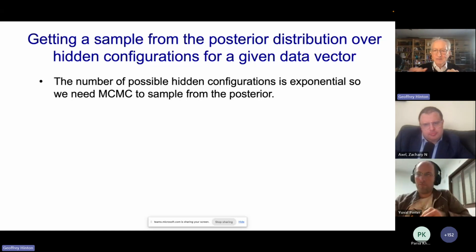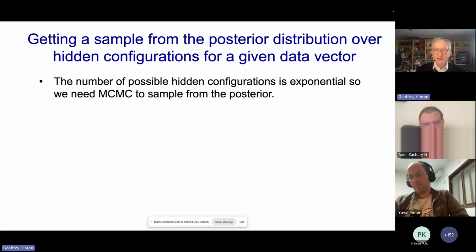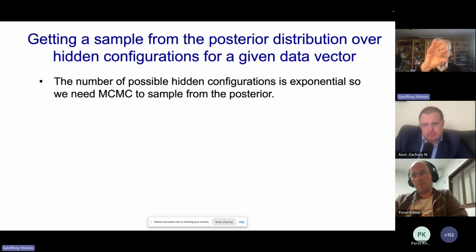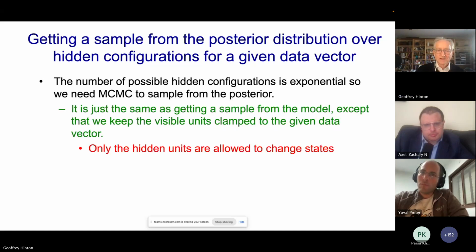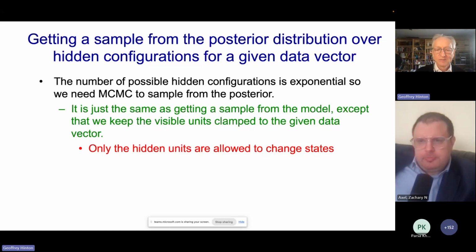And now you'll be sampling from interpretations of that input. Think of the clamped visible vector as like a line drawing, and think of the hidden units as what the edge units are doing. And you can sample interpretations now of that line drawing.